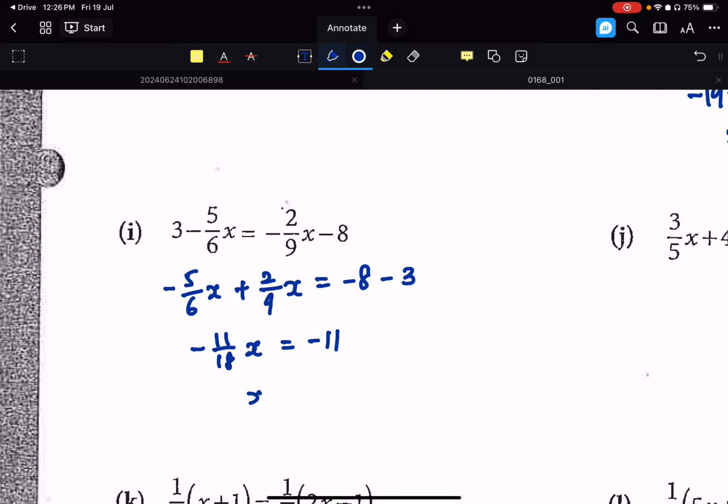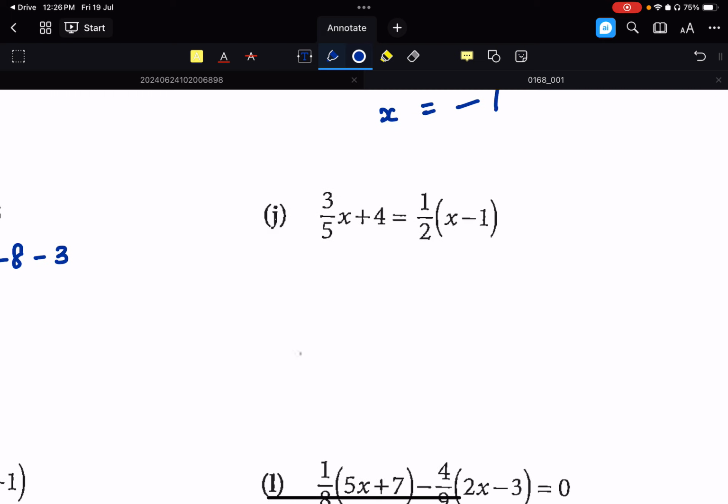Okay, so from here, if you are quite aware what's going on, we can just use negative 11 divide by negative 11 over 18, which will give us a 18 over here. Okay, right? Now how about this one? For this one, what we can do is combine them and make them the same denominator.